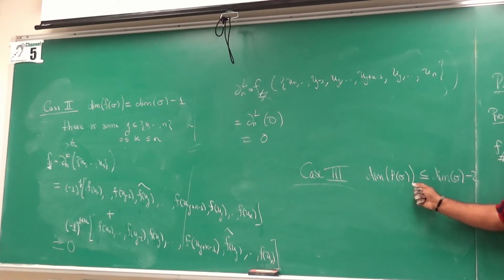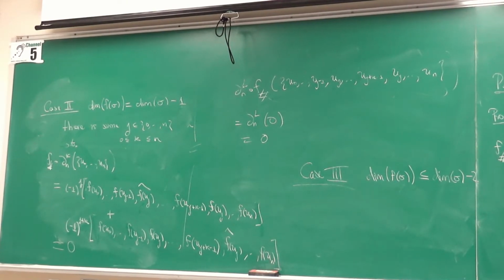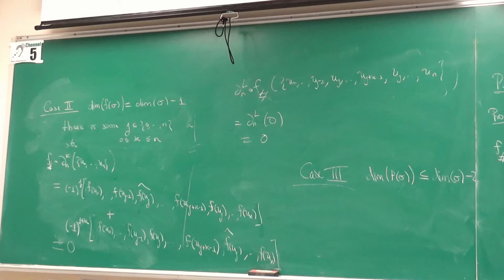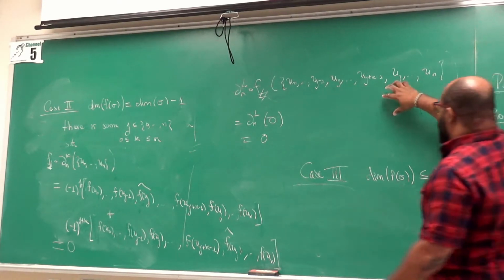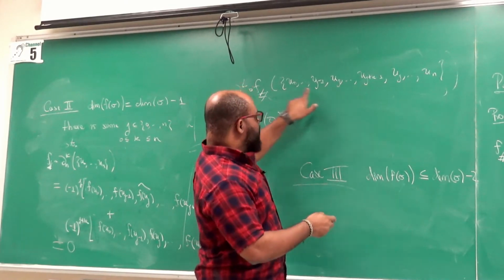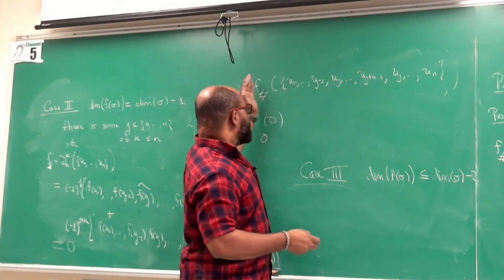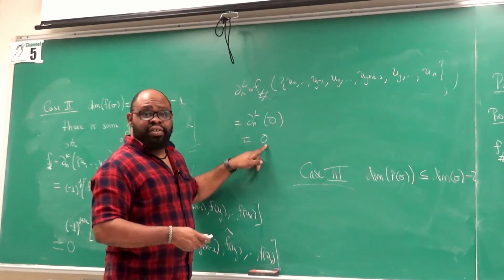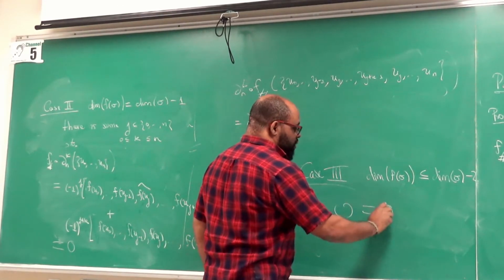So if you remove one of them, you still have 2 repeated, and therefore these will be 0. And on the other side, we'll have something similar to this case. Instead of 2 repeated guys, I'm going to have 3. So f sharp cancels out, and the same thing happens. So this will be a 0 equals 0 type of case.